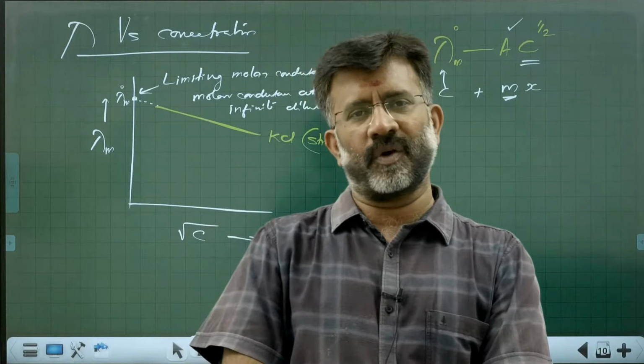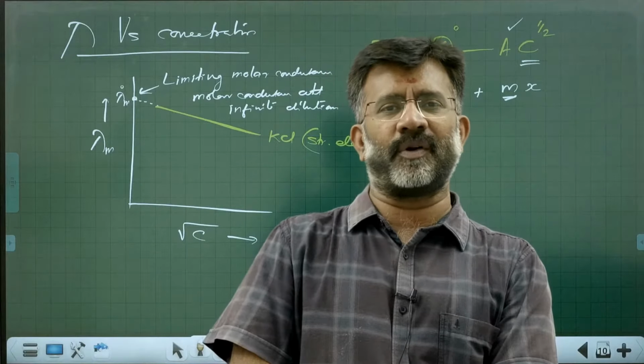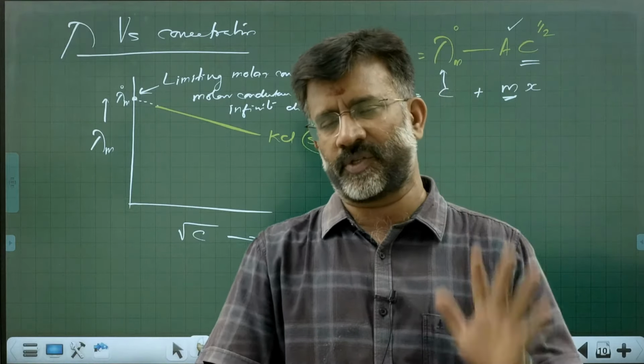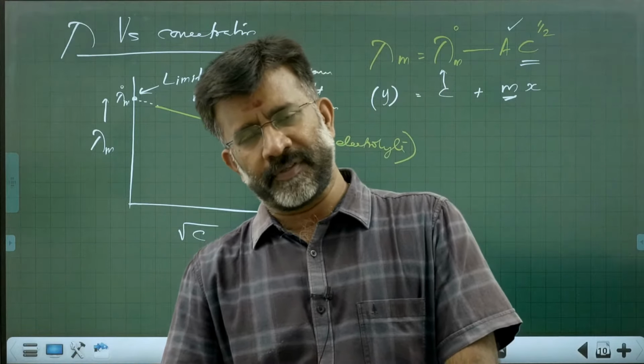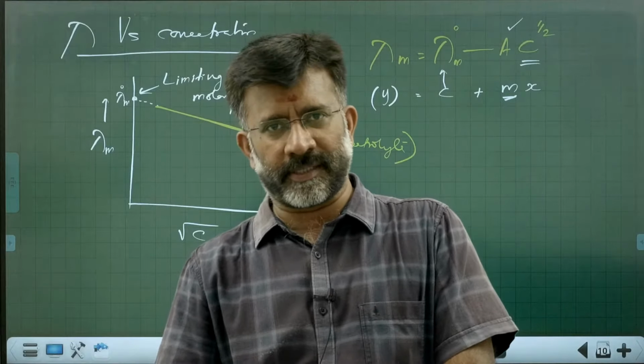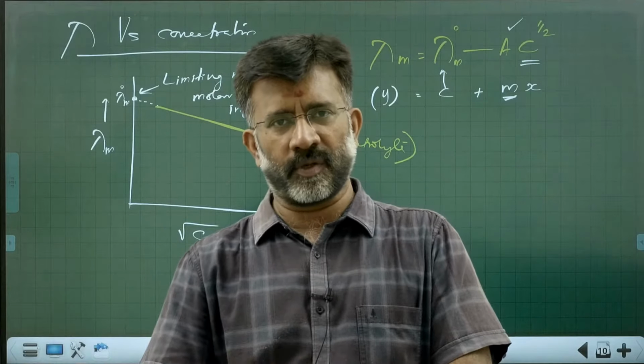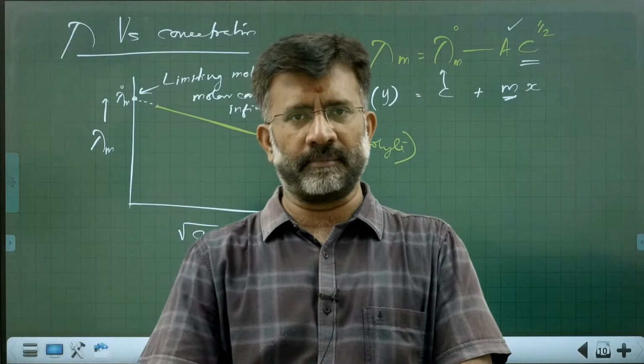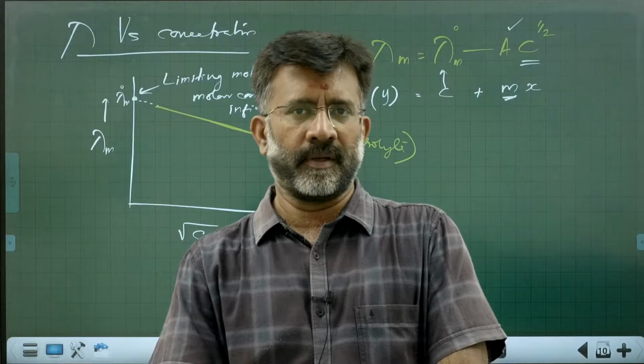So the variation of lambda m versus root of concentration for strong electrolytes is a linear change. The slope is a constant which depends on the nature of the electrolyte and on the temperature of the solution.